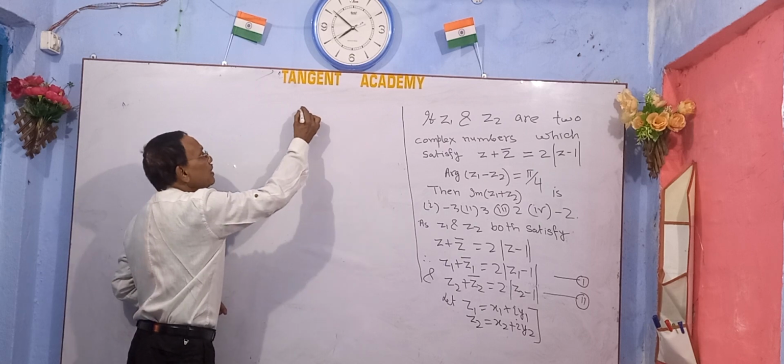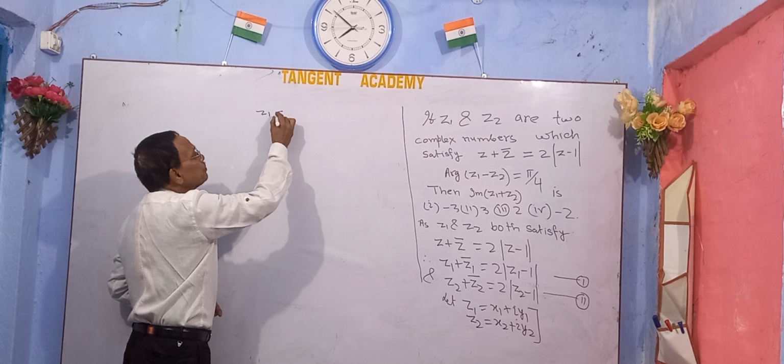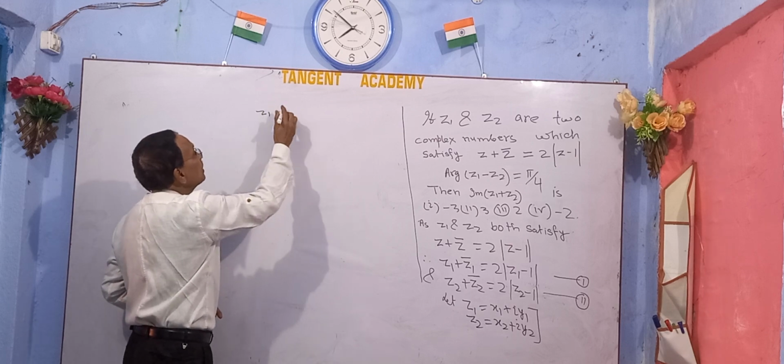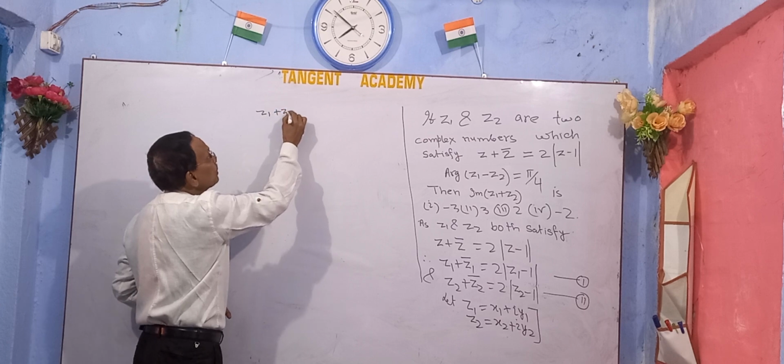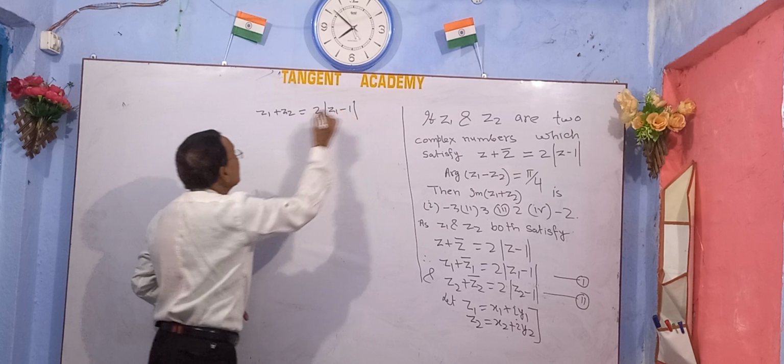So in 1 we can get Z1 plus Z1 bar is equal to 2 times Z1 minus 1.